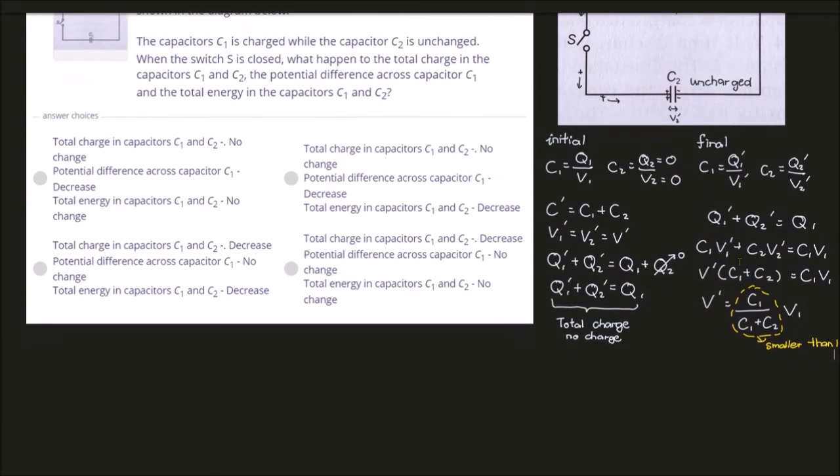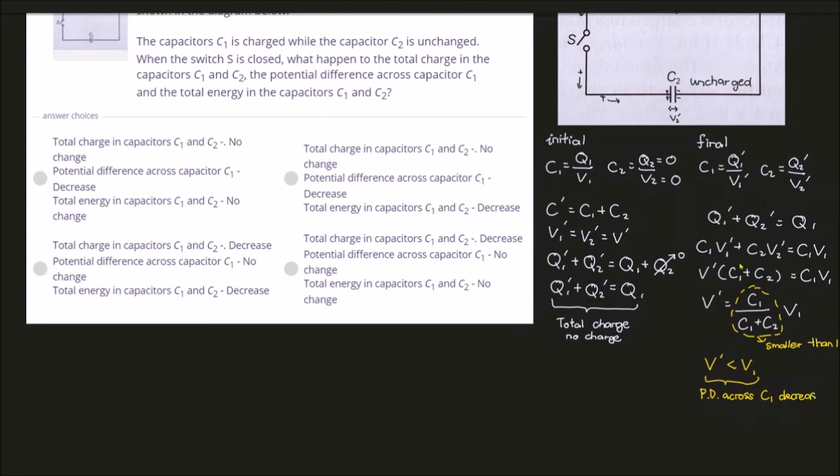So what kind of conclusion can we build? V prime will be smaller than V1. If V prime is smaller than V1, what does it tell us? The potential difference across capacitor 1 actually decreases.